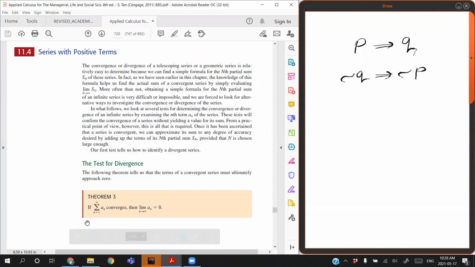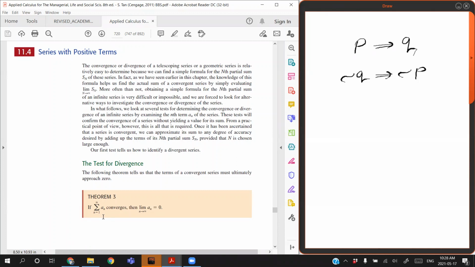We know that if the series converges, then the limit of the general term is equal to 0. That means if the limit of the general term is not 0, then automatically the series is not convergent, it's divergent.